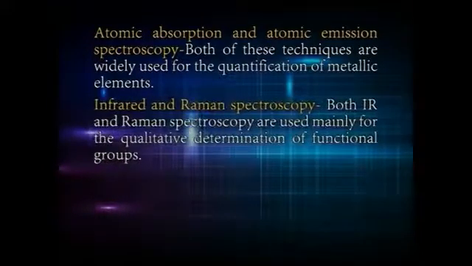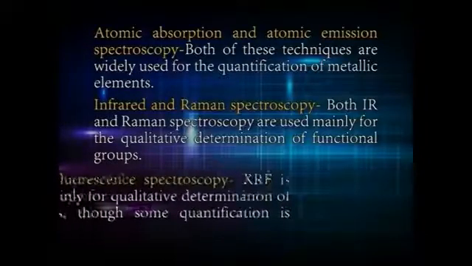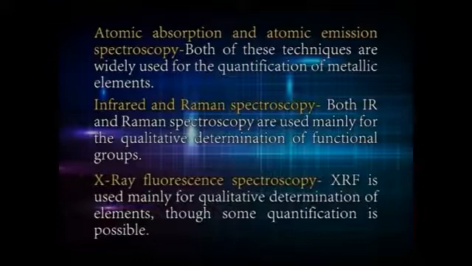Infrared and Raman spectroscopy. Both IR and Raman spectroscopy are used mainly for the qualitative determination of functional groups. X-ray fluorescence spectroscopy. XRF is used mainly for qualitative determination of elements, though some quantification is possible.